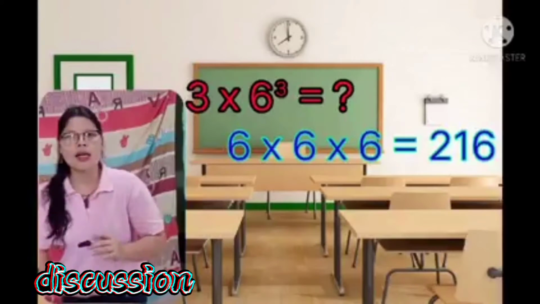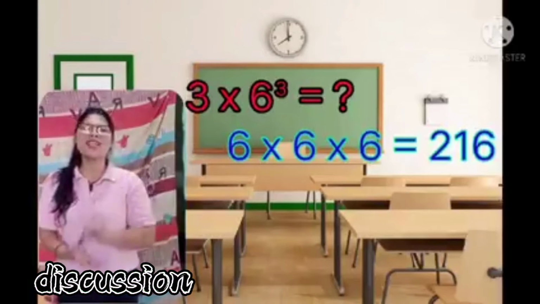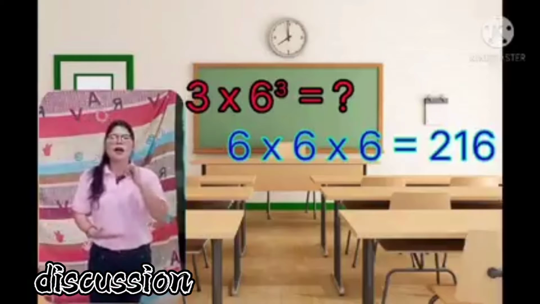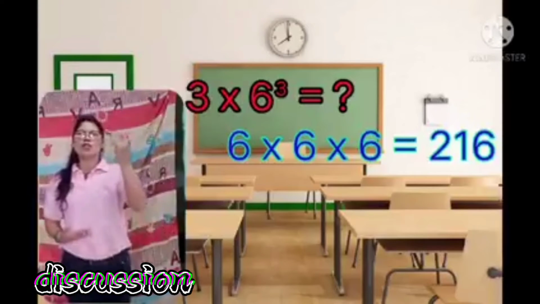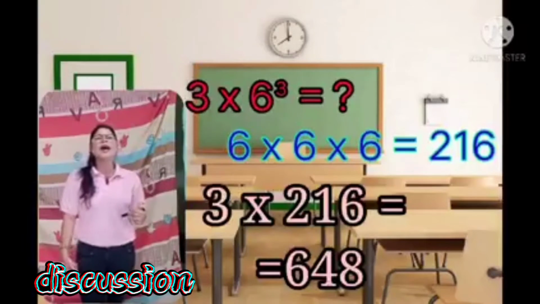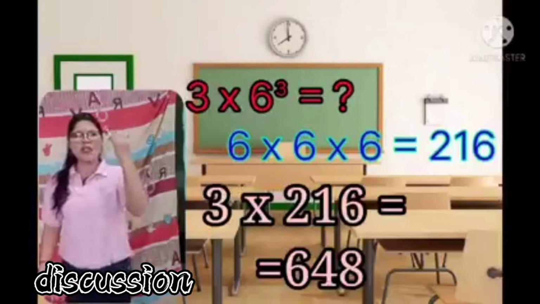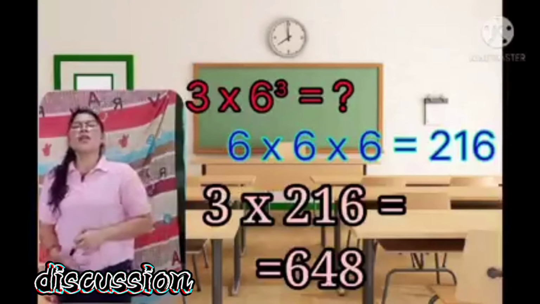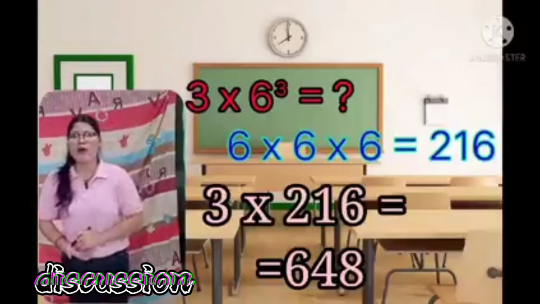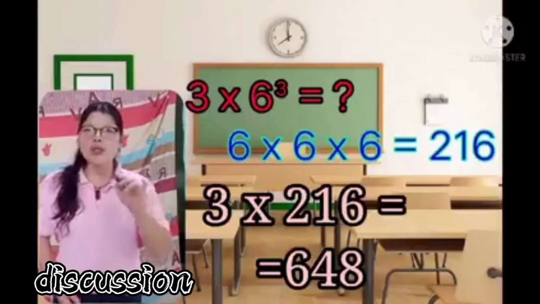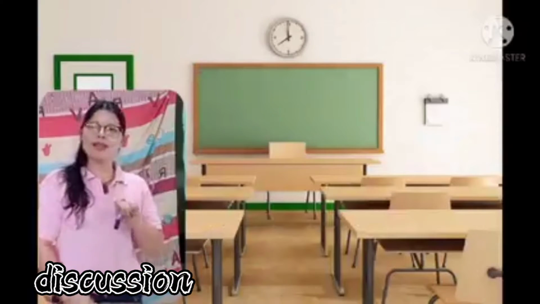Then bring down the 216, followed by 3 times, so 3 times 216 equals 648. That's how we solve our exponent numbers.